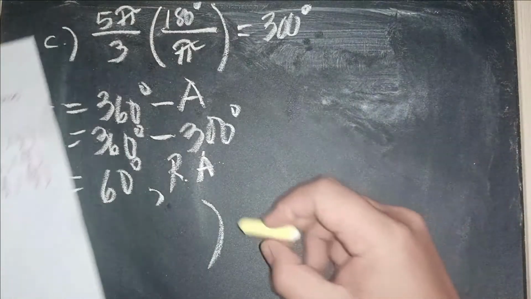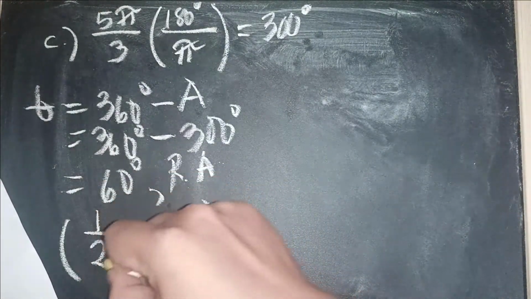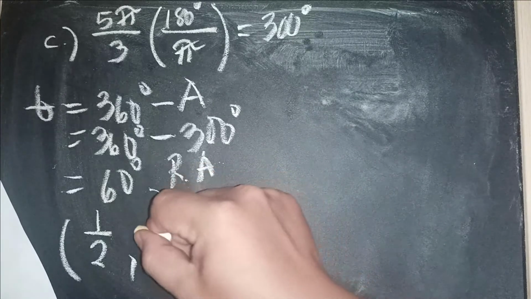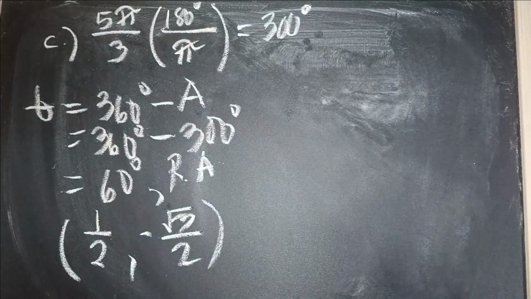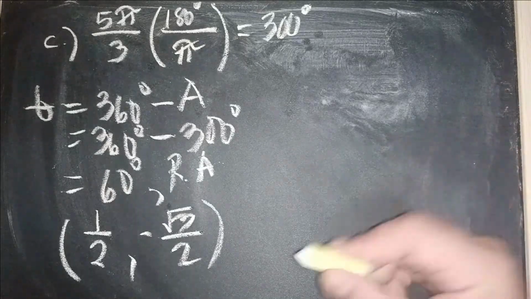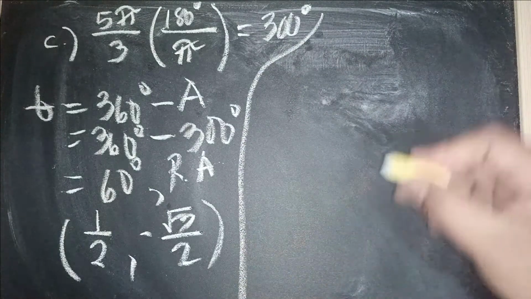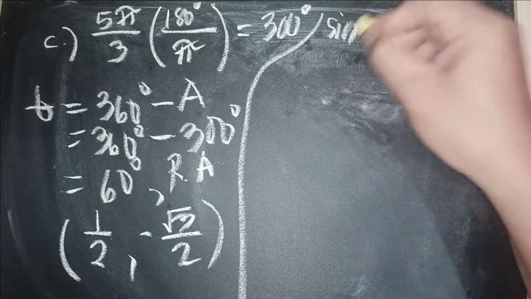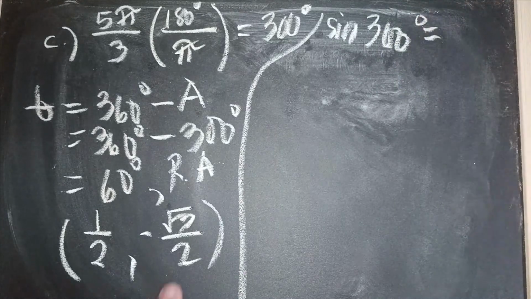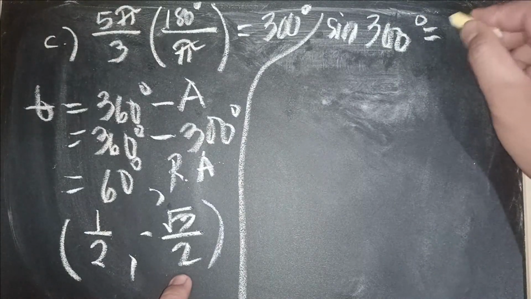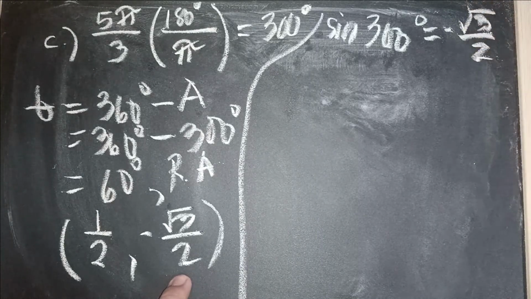So, we have here 1/2 tsaka negative square root of 3 over 2. After nating makuha yung coordinates, we can now determine the value of sine 300 degrees. So that is the y value or the y coordinate, that is negative square root of 3 over 2.